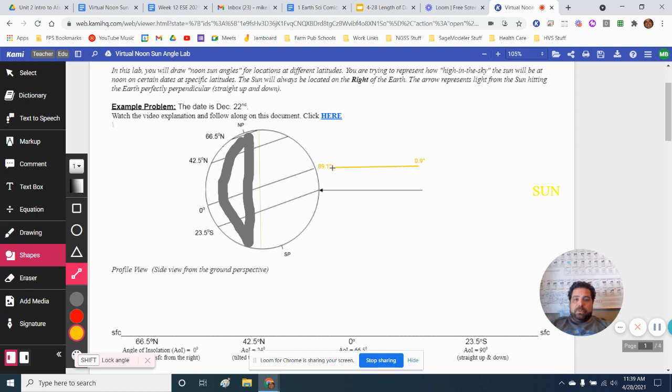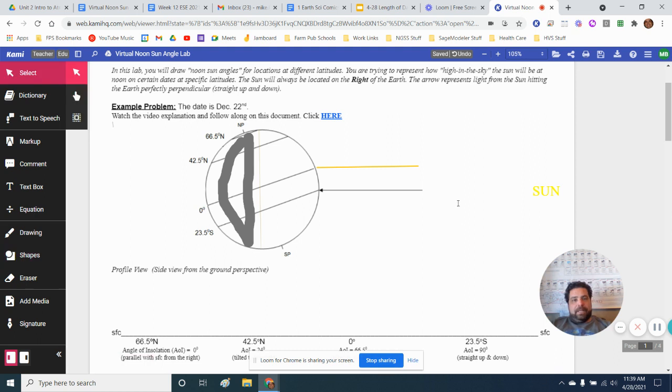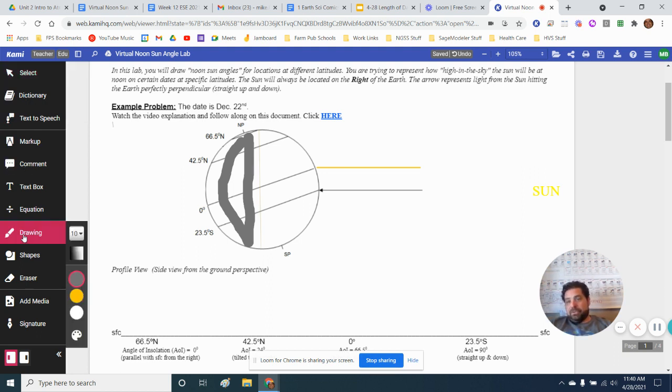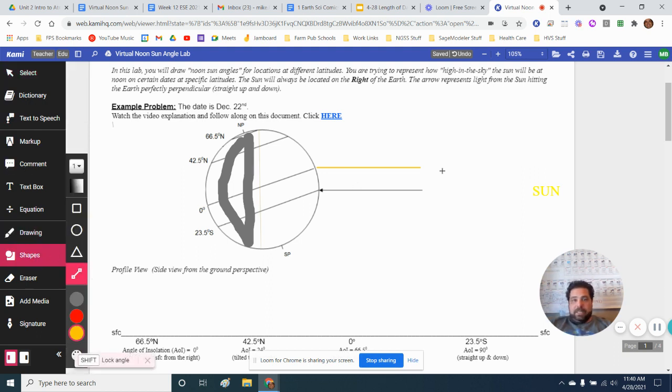What I want you to do is draw a straight line that is smacking into the Earth. Notice I can make sure it's perfect because it actually tells me the degrees. I want it perfectly smacking into the Earth here, and I want it to be parallel to all the other photons of light from the sun. So what I'm doing is just drawing photons of light smacking into the Earth.